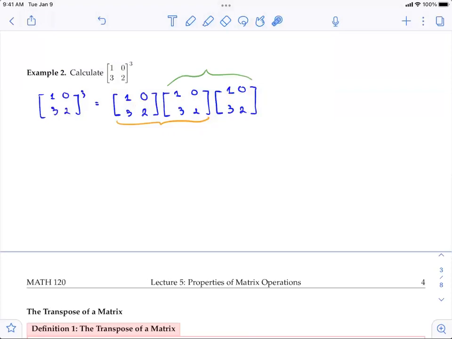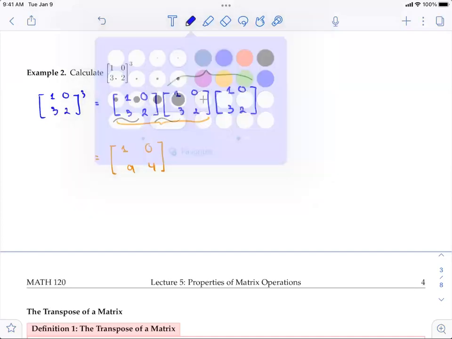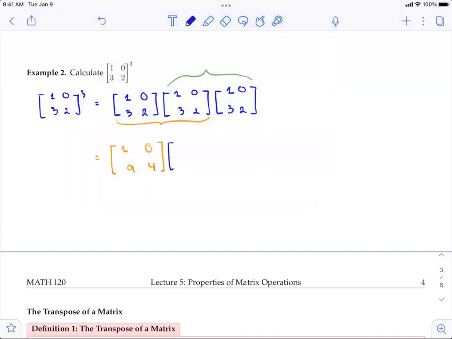Either way should work. I'm going to multiply the first 2 matrices together. The product is 1, 0, 9, 4. Then I multiply with the remaining matrix 1, 0, 3, 2, and the result is 1, 0, 21, 8.